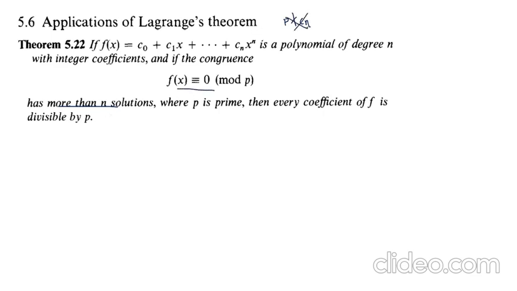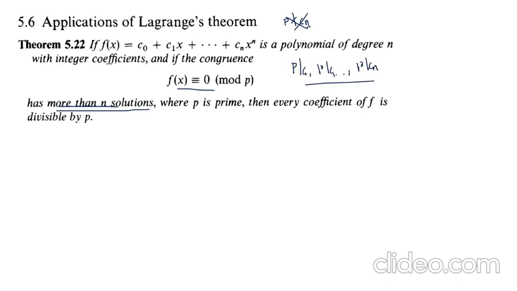Here this condition is not given, and the statement is that if f of x congruent to 0 mod p has more than n solutions, then every coefficient is divisible by p, that is p divides c0, p divides c1, etc. p divides cn. We have to prove this.